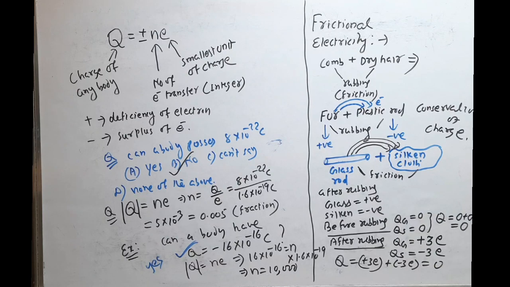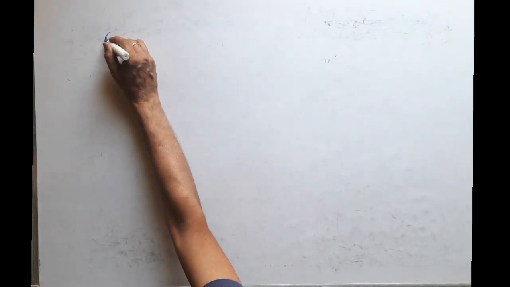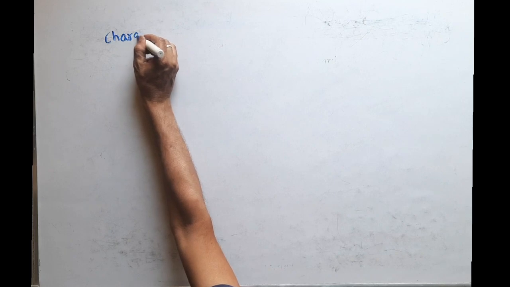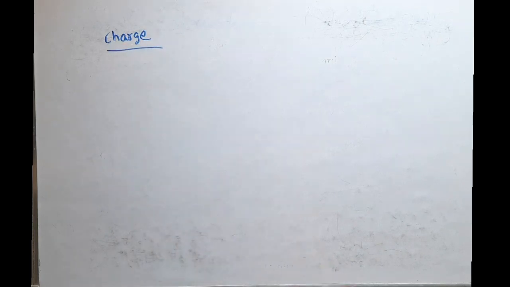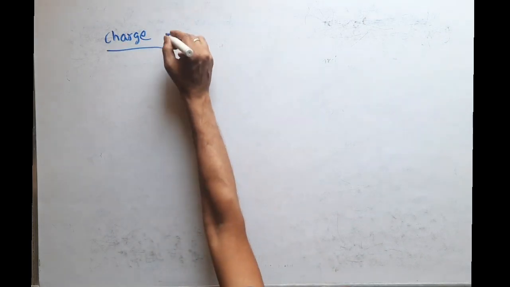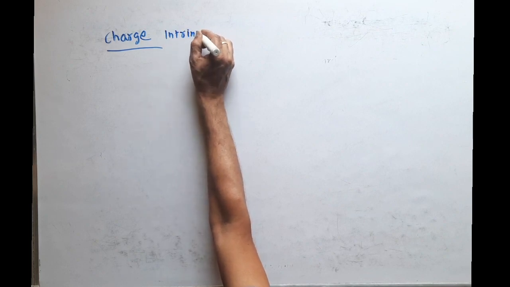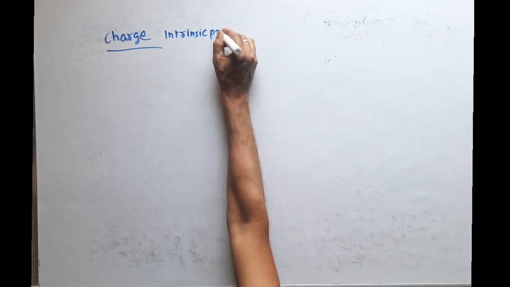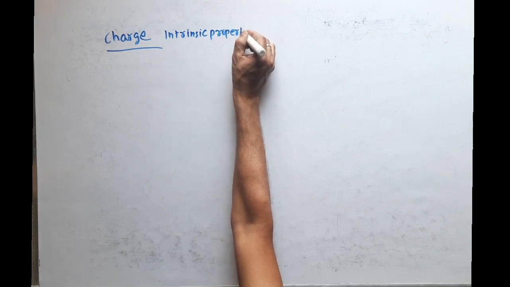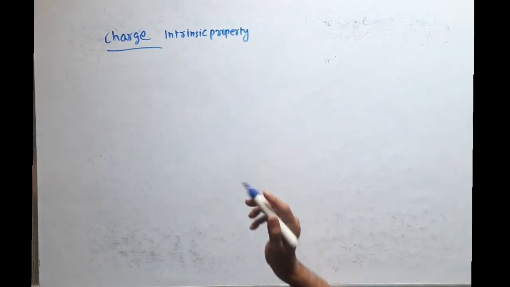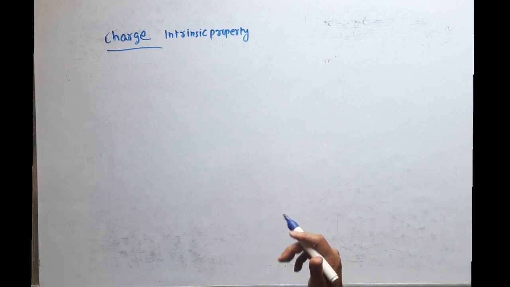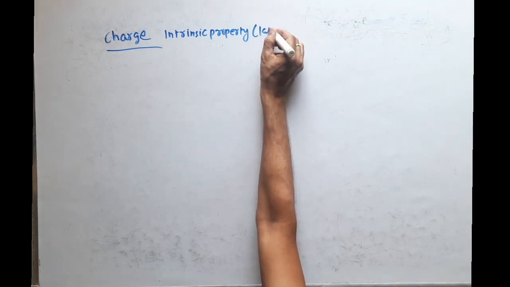Okay. Now we will discuss some characteristics of charge. What is the characteristic of charge? Charge is an intrinsic property of matter, just like mass. Intrinsic property means it is the last property.